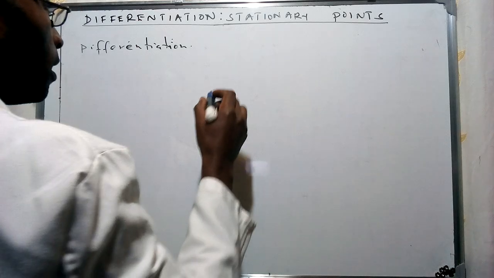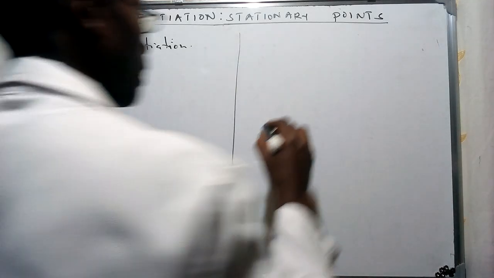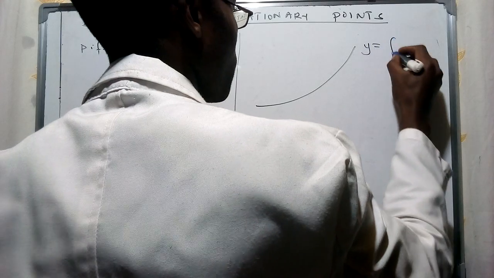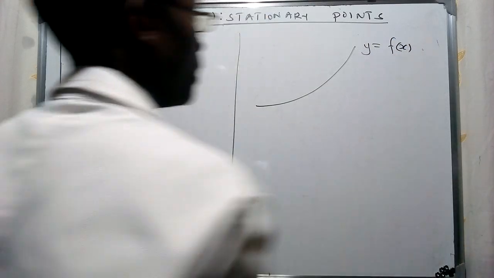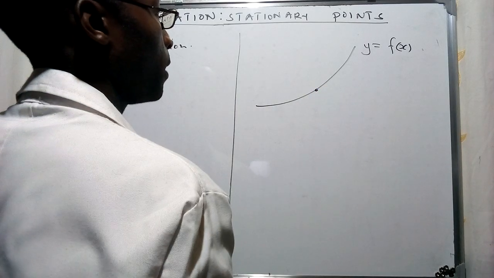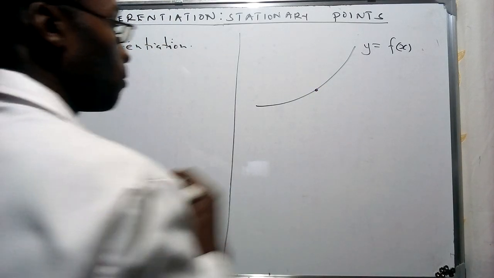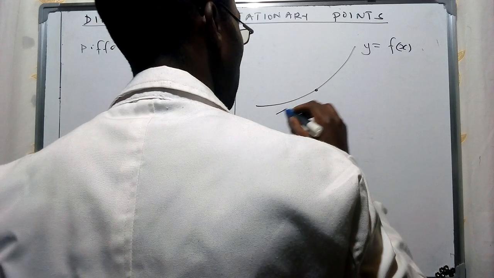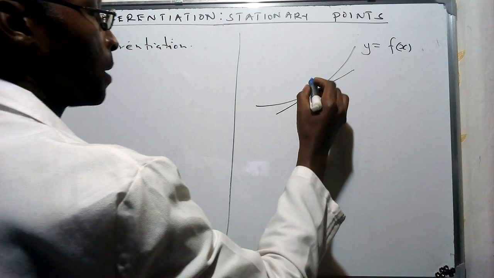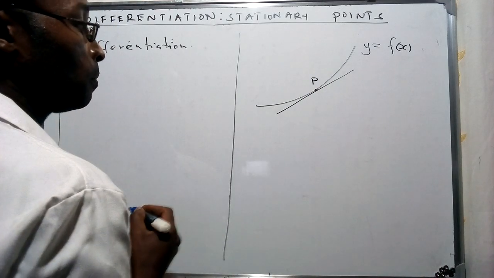I'm going to consider a general case of a graph defined in terms of y as a function of x. To find a derivative at a specific point, we find the gradient, which is the tangential line to this particular point, which we can call P.